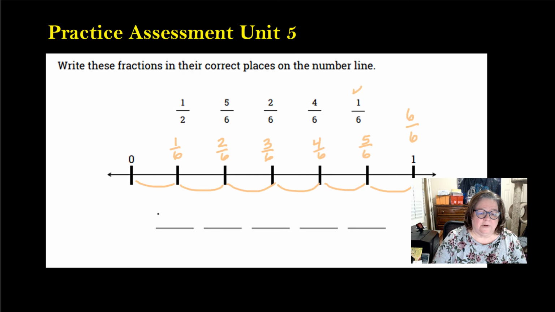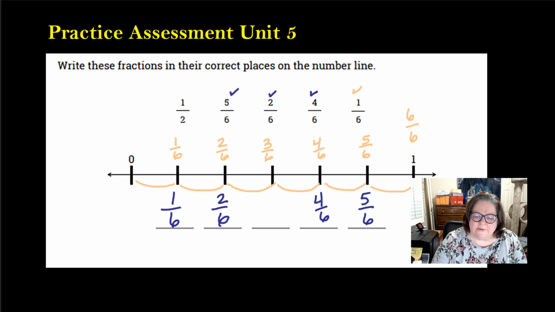I'm going to put it in a different color because that is first. Here's the 2/6, and yes, it's second as it should be. Oh, here's 4/6. Oh, 5/6, 5/6, and 1/2.